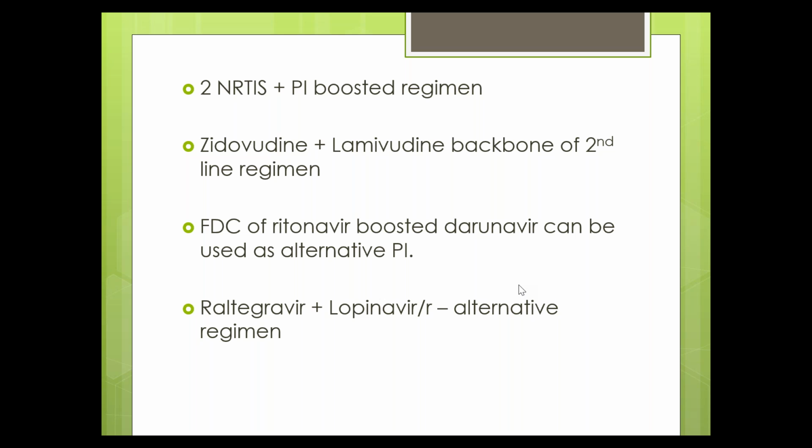Either ritonavir or darunavir, we can give as an alternative. There is one more integrase inhibitor, that is raltegravir. If it is included along with lopinavir, that is an alternative regimen. Here we are not including NRTIs, we are including integrase inhibitors along with the protease inhibitor, either lopinavir or ritonavir, and this regimen can also be used.